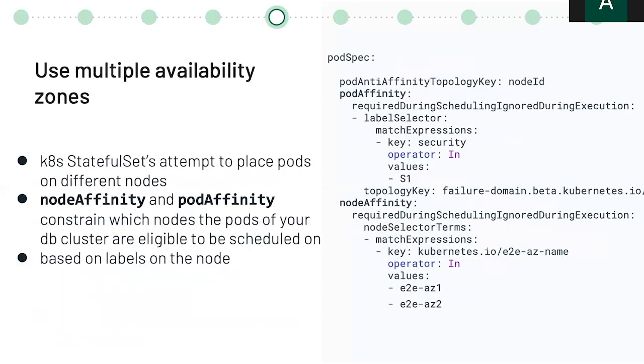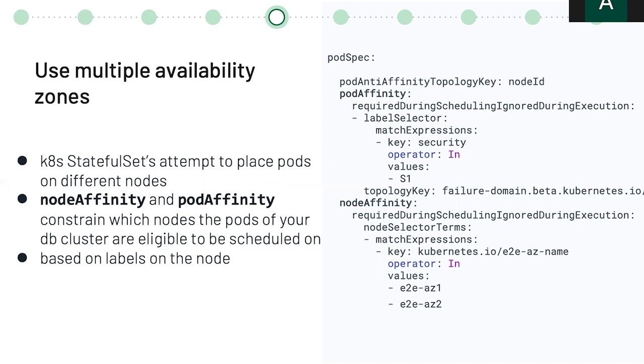Use multiple availability zones. It's a good idea to deploy a Kubernetes cluster across multiple availability zones, and we can use node affinity and pod affinity, classical Kubernetes definitions. So if one zone goes down, the Kubernetes cluster will keep working.